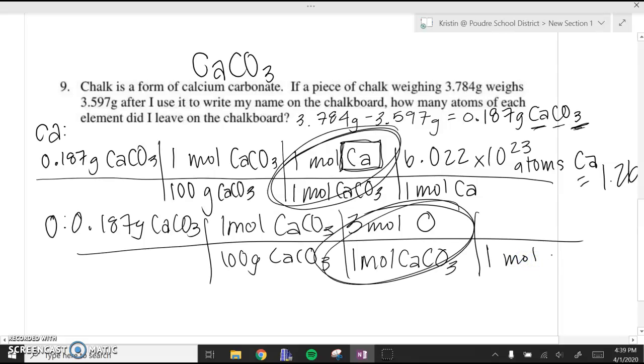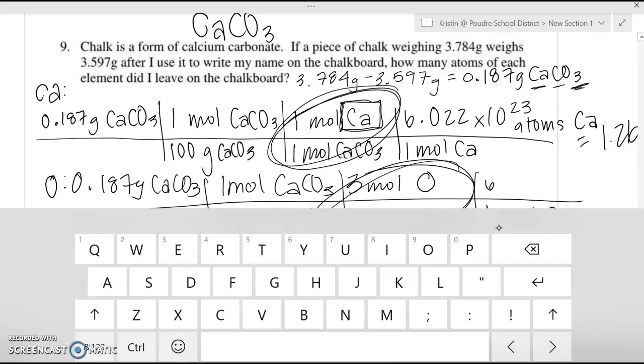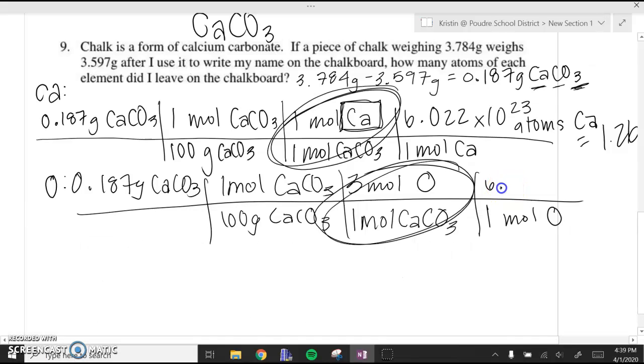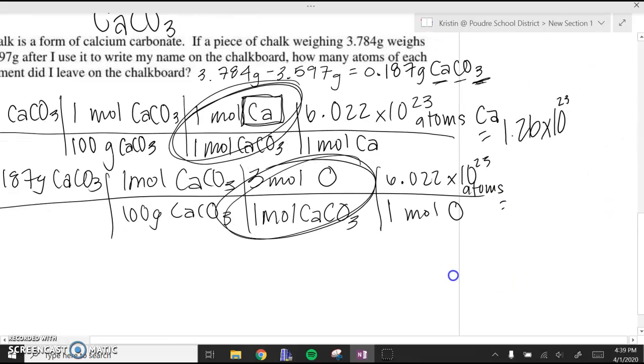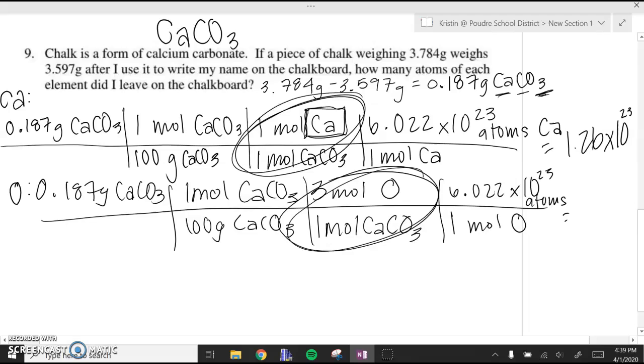So 1 mole of oxygen is Avogadro's number of atoms. And you can go ahead and work out that math. It's going to be about 3 times your answer for your other problem.